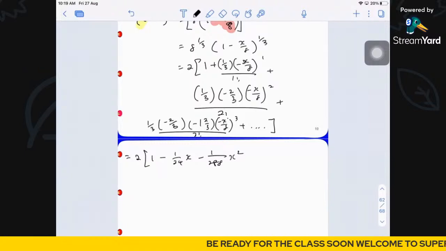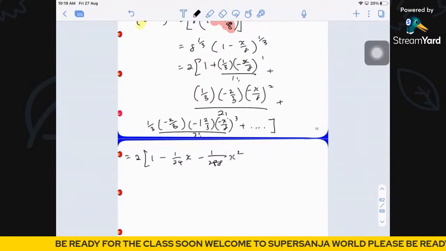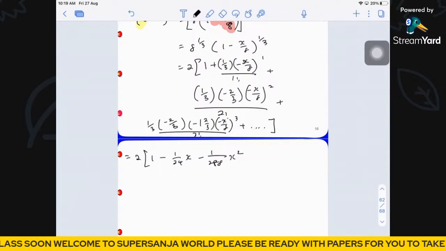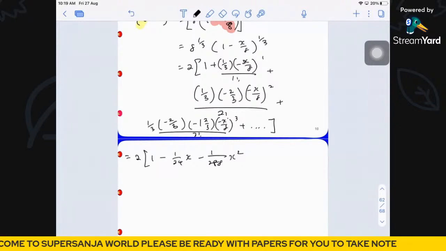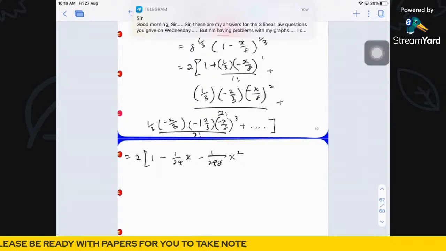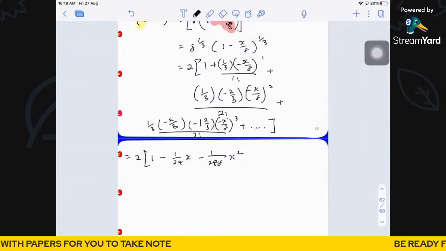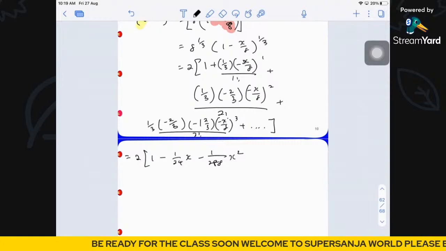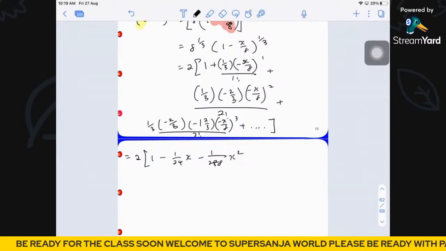Those in Zoom, you can type on chat or you can speak out. Alia, Khairil, Mirul, Galden, Heng, what's the answer? For the last part there.